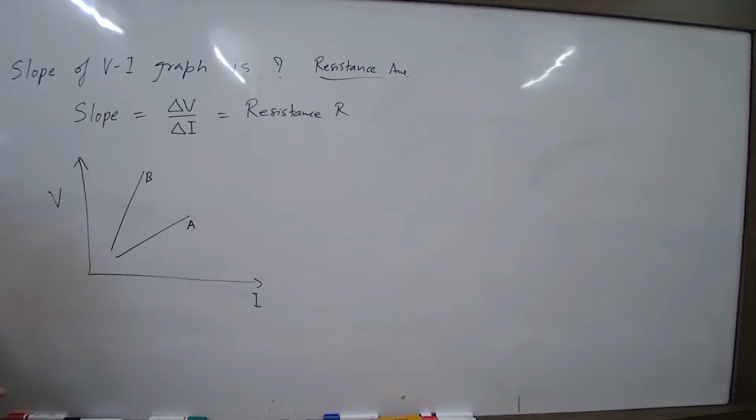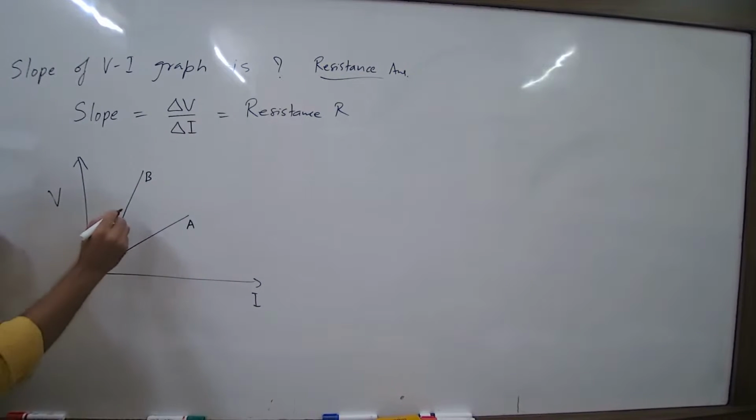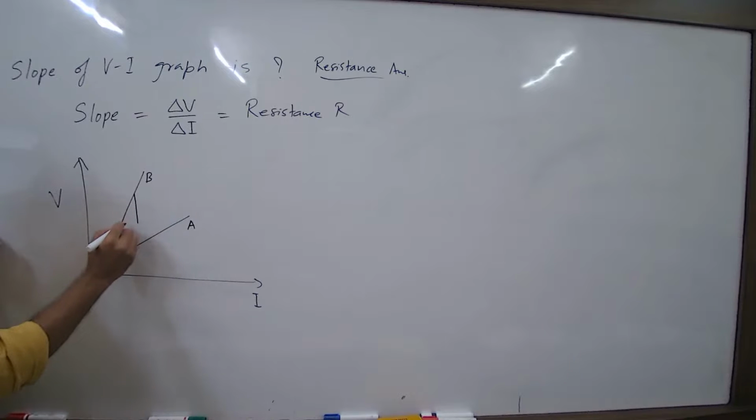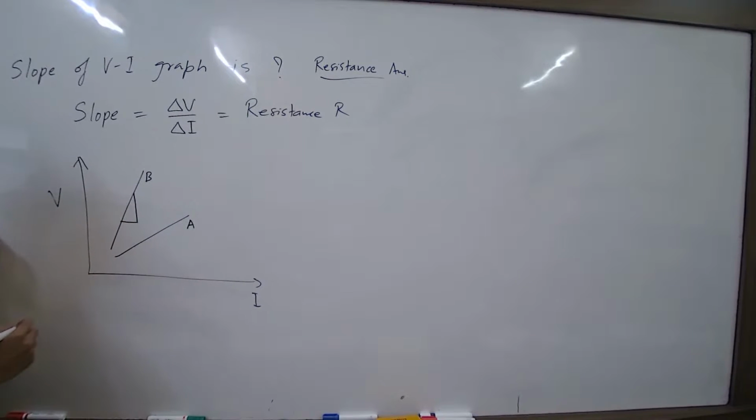You're going up the hill. One hill is like this and one is like this. Which slope is higher? The steep one. So what is steep here? B is steep. Which slope is higher? B. You said A earlier. Slope is the variation in y-axis with respect to variation in x-axis.